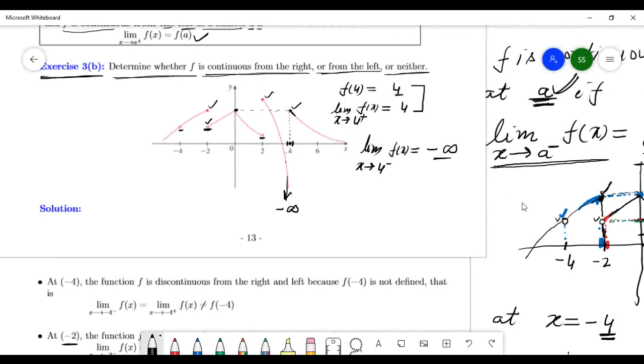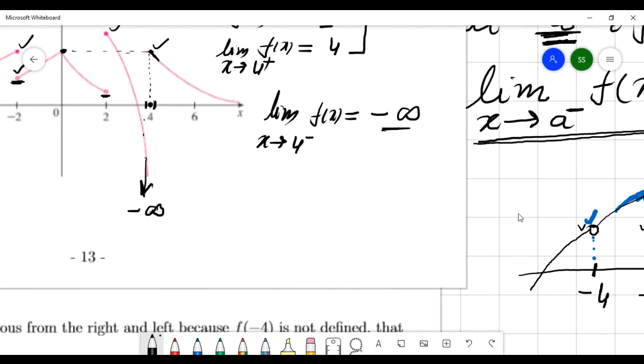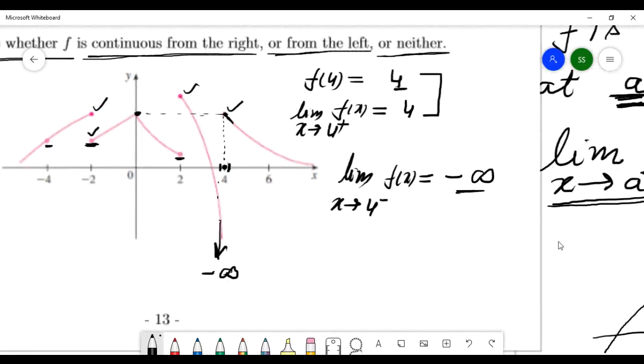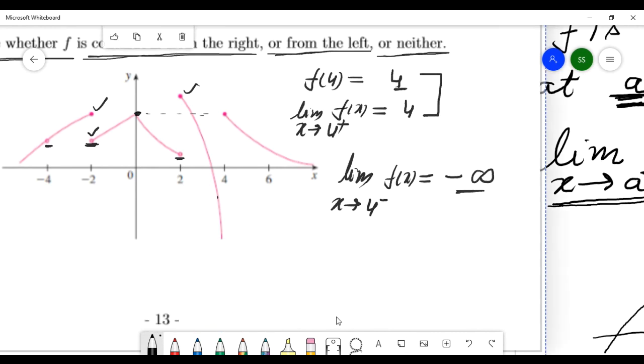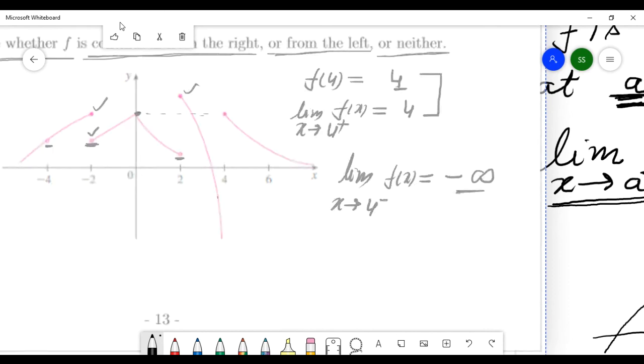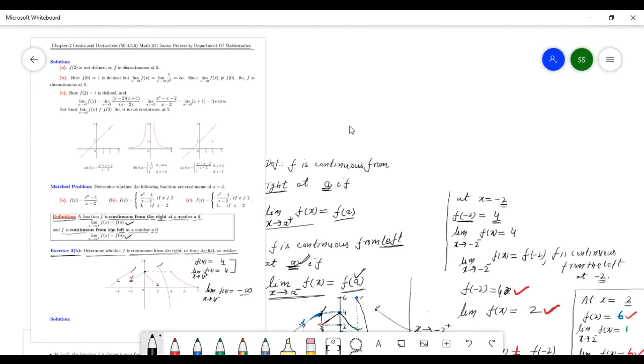Why infinite? Why is it infinite? Look over here. You have to check at this number 4.